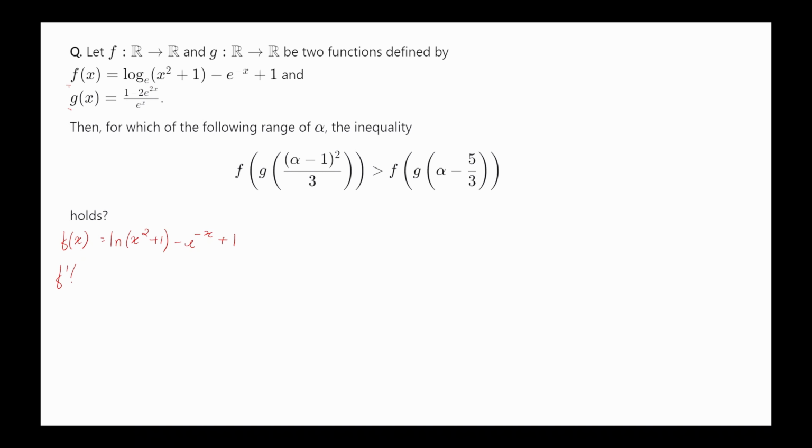So my f dash x, what would it become? 2x upon x square plus 1 plus e to the power minus x. So this is what my f dash x is going to be. Now I have to check whether this is greater than 0, less than 0 or equal to 0. Based on that, I would be able to make any further comments on f of x, right?